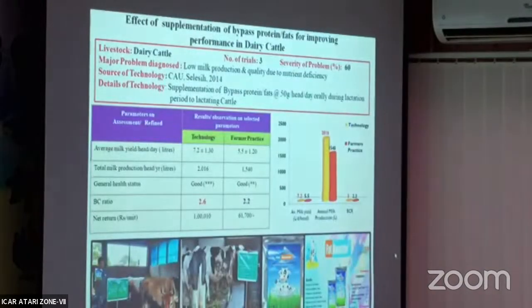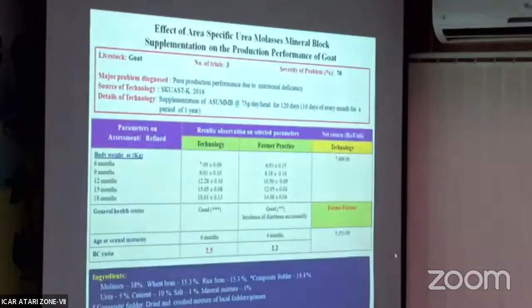So how did you prepare this block? Sir, all the technology is not mentioned here. Here, the ingredients are written, sir. Molasses, wheat bran, rice bran, composite powder, urea, cement, salt, mineral mixture. All these are mixed and kept in the block. There is the cold method and the hot method.